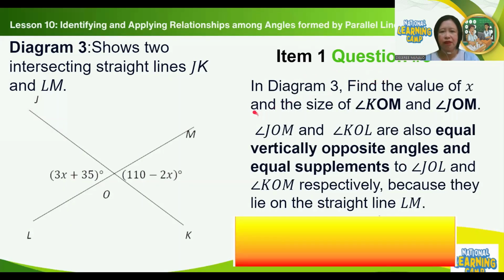Item 1, question number 3. In diagram 3 on the left side, find the value of x and the size of angle KOM and angle JOM. Angle JOM and angle KOL are also equal, vertically opposite angles, and equal supplements to angle JOL and angle KOM, respectively, because they lie on the straight line LM.